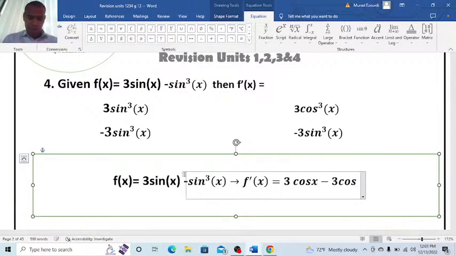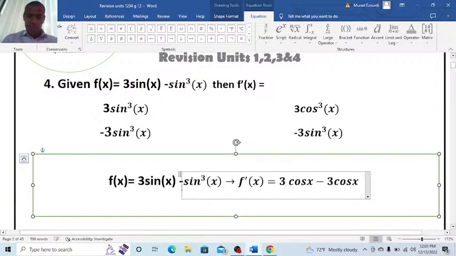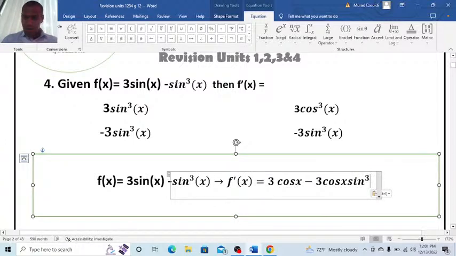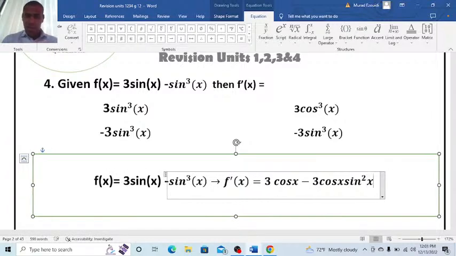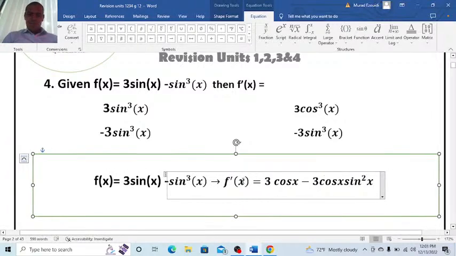I will write cosine of x multiplied by sine to the power 3 minus 1, which is 2. I will erase this one and write 2. Then I will write here x. You can see this one, my learners. So this is my function f dash.